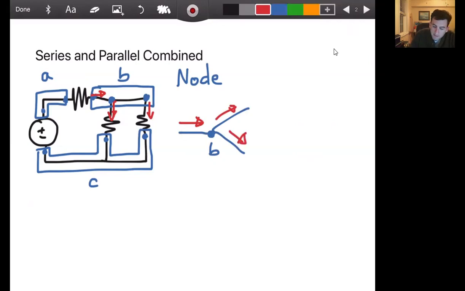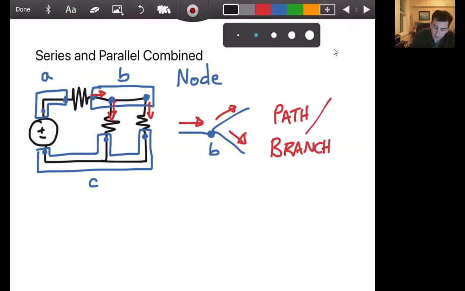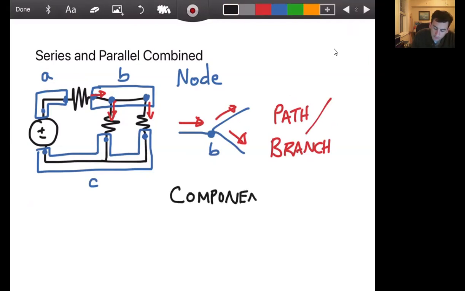These paths are also sometimes called branches. And as stated before, the resistors and the DC source we refer to as components. This terminology will be important going forward, so make sure you recognize what's being discussed when it's brought up.